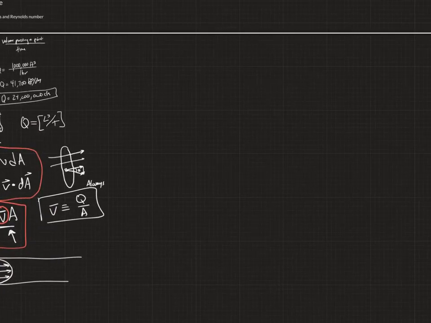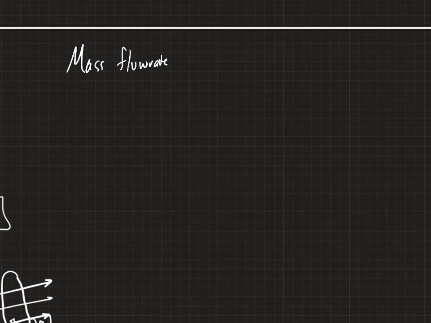Now we're going to talk about the mass flow rate, which doesn't have its own symbol. So, I guess it kind of does. It's really derived from another one. So you might have seen this in some books, m dot, so that means the change in mass per time. And so basically what we're going to do is take the regular flow rate, so that's Q, which is volume per time.